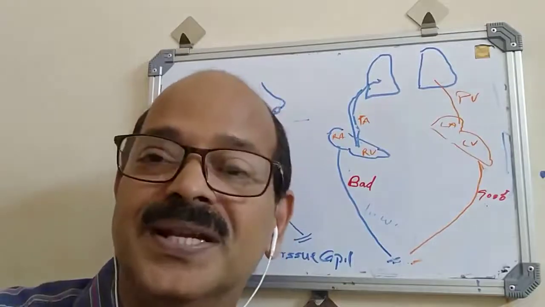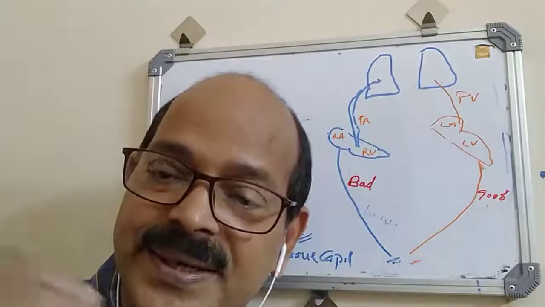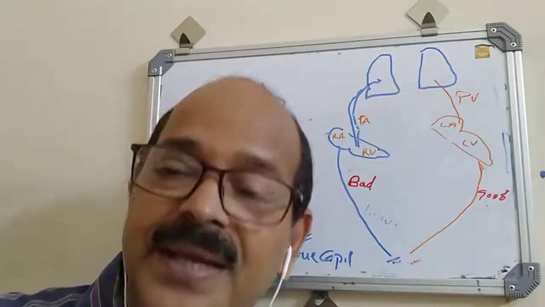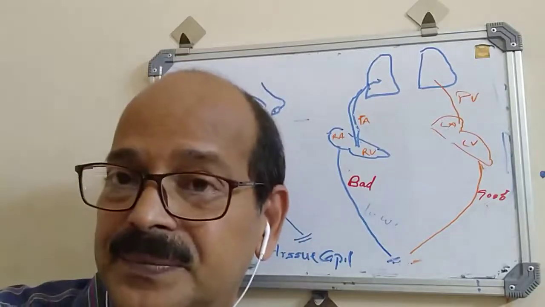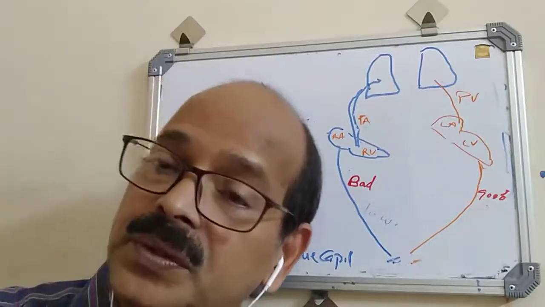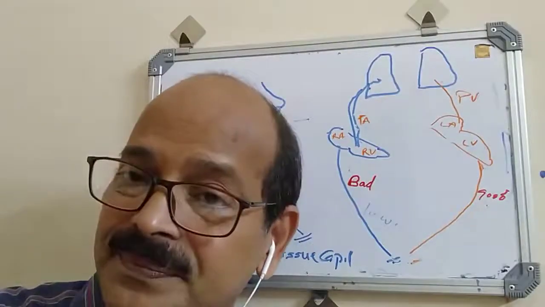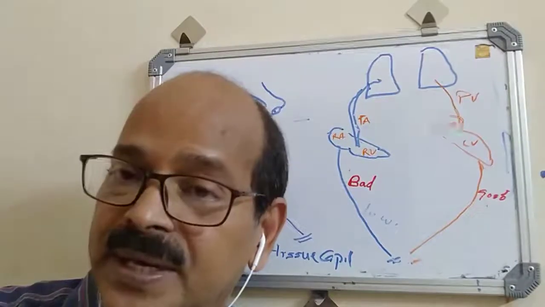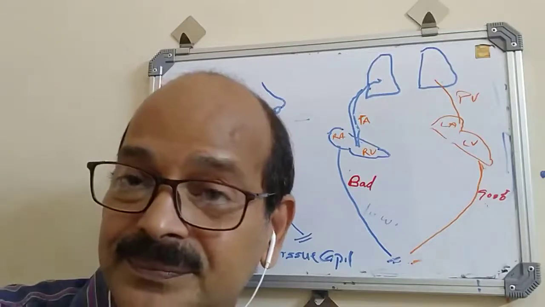The second situation is a left-right shunt, where you get a history of repeated episodes, then a quiescence period, and then reversal of shunt. So, three situations in which you may get a history of recurrent pneumonias. If you get a typical history of congestive failure, most likely you are dealing with a case of increased flow cyanotic heart disease.